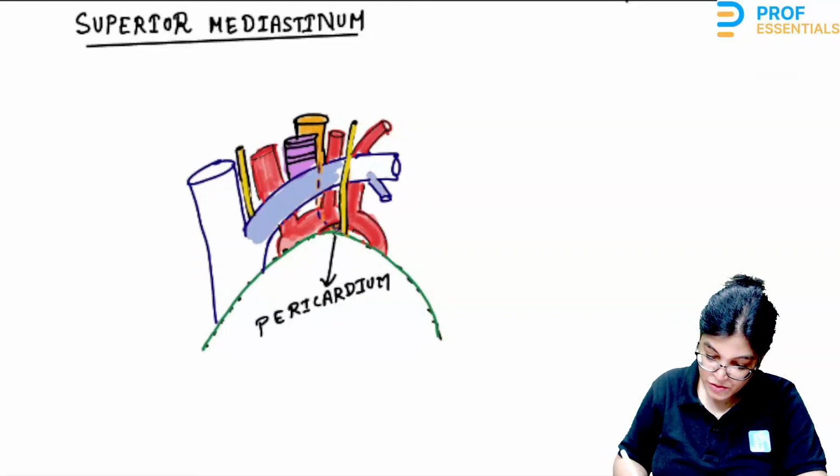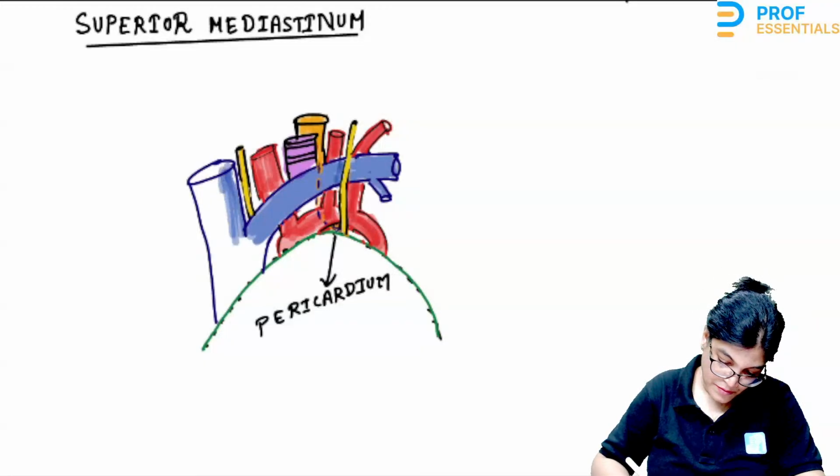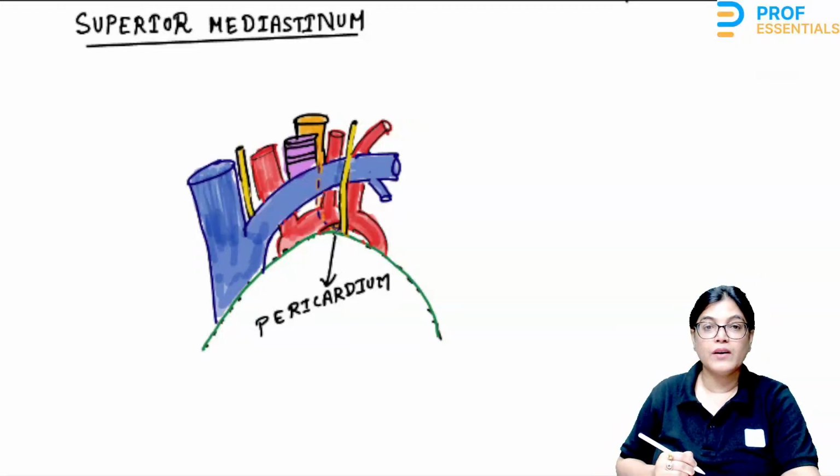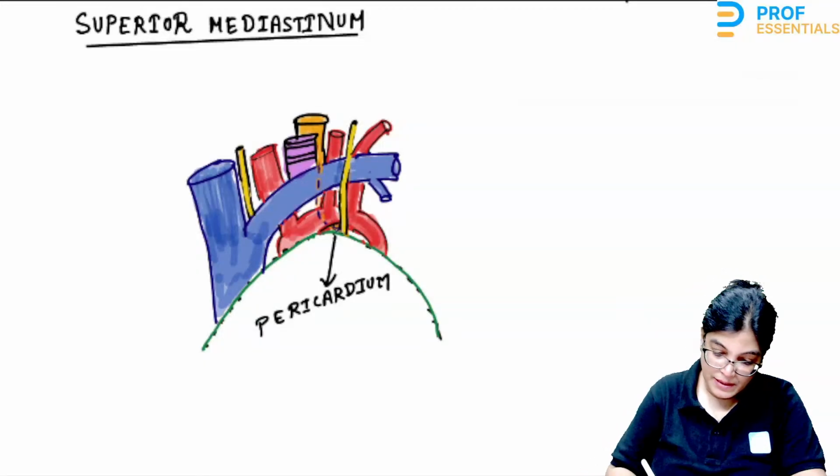This is the left brachiocephalic vein. This is the left superior intercostal vein. Okay, got it. And just label it.